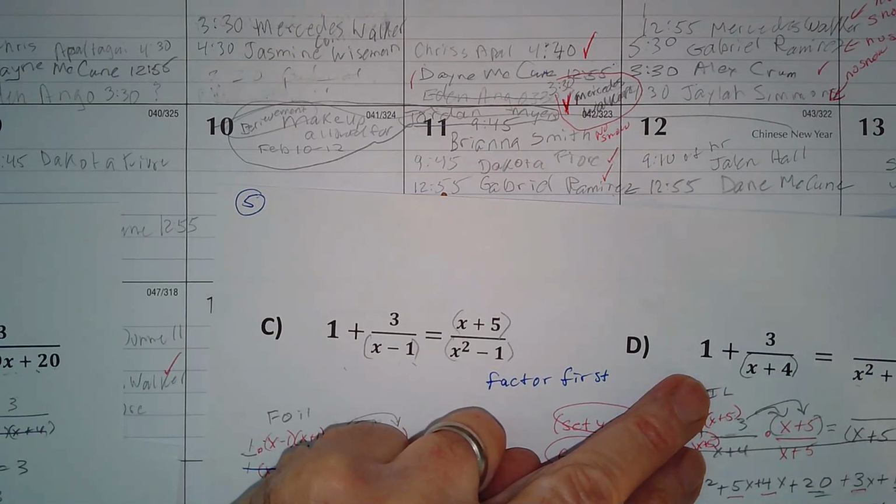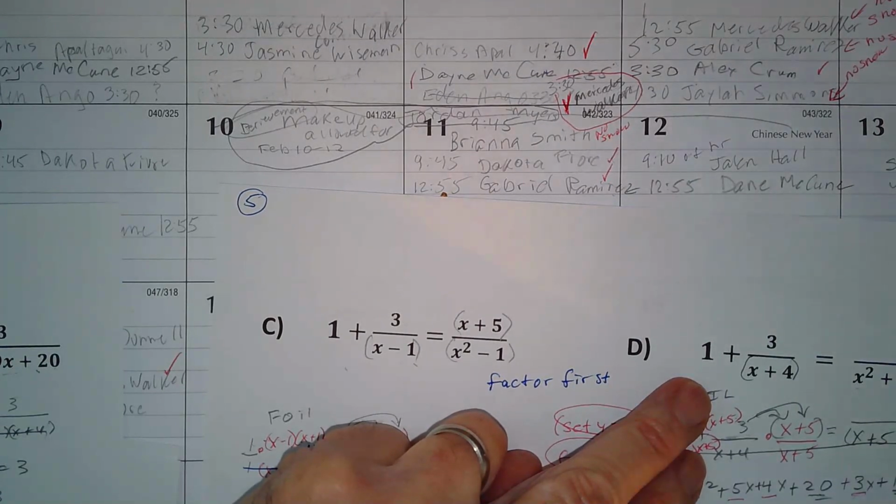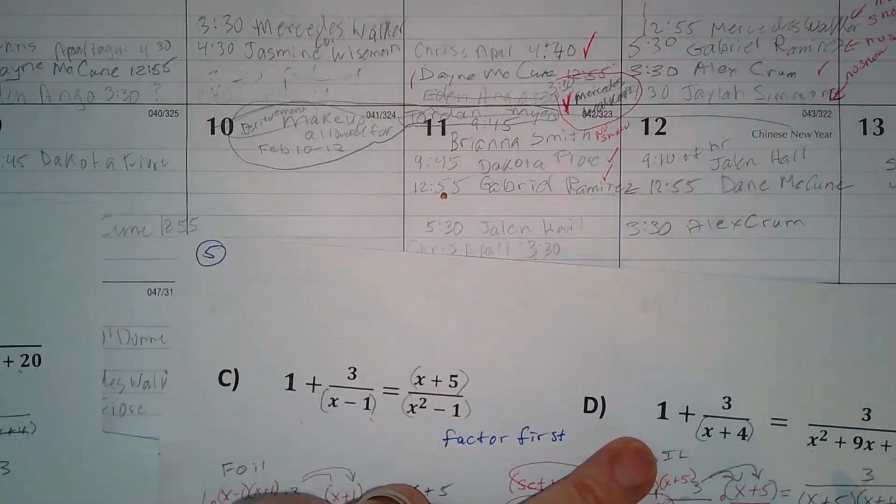And that equals 3 over negative 8 squared plus 9 times negative 8 plus 20.